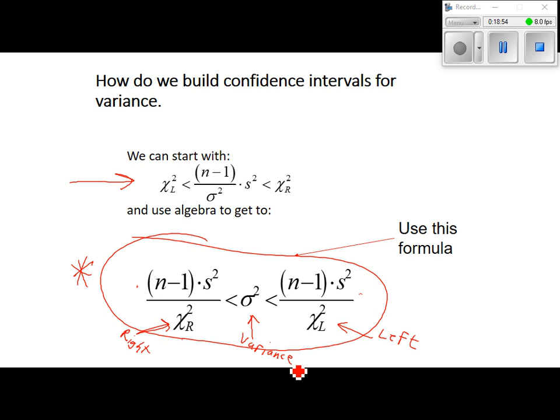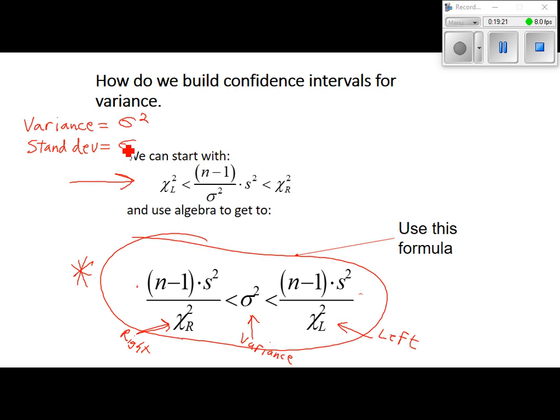Just like the other things, I think what's going to be on the next slide, just like when we dealt with variance at the start of the year, variance was always sigma squared, all right, and then to find the standard deviation, you just took the square root of that, and that's what we're going to do with these.